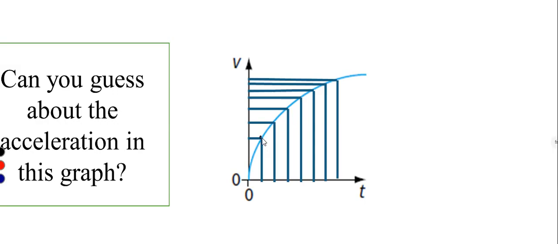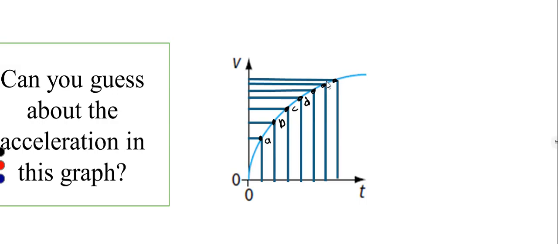In a speed time graph, the slope of the graph will tell us about acceleration. Now as you can see here, with the passage of time, the slope is more at point A as compared to B. Now at B the slope is more as compared to C. Now at C the slope is more as compared to D. So it is going down.